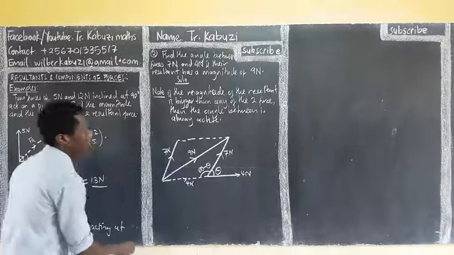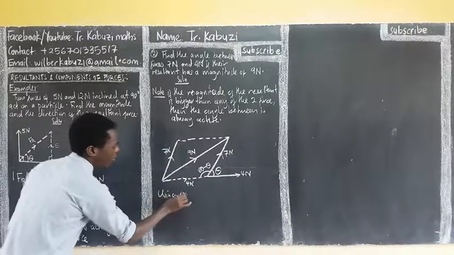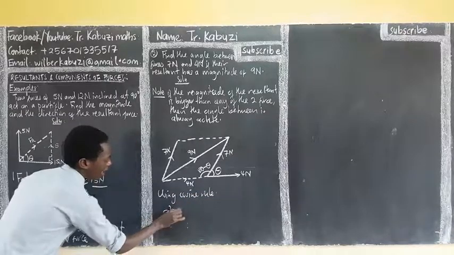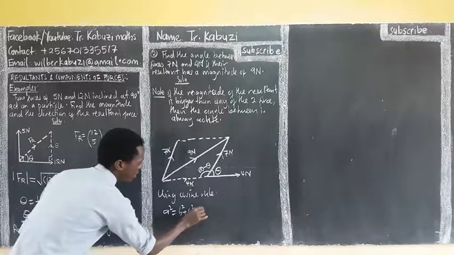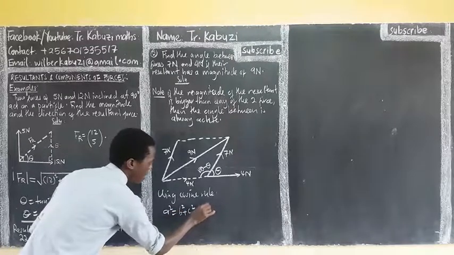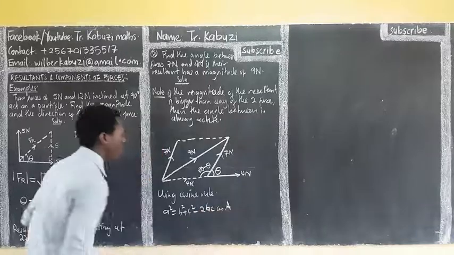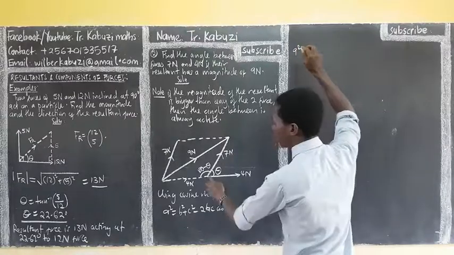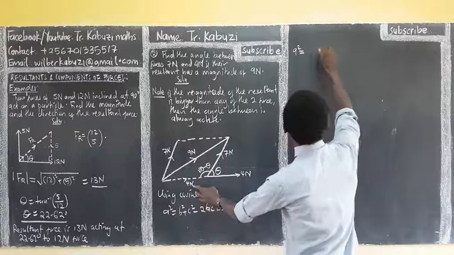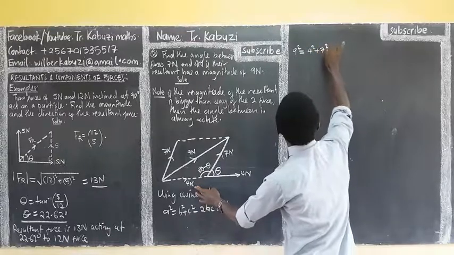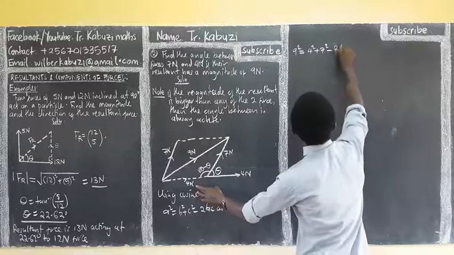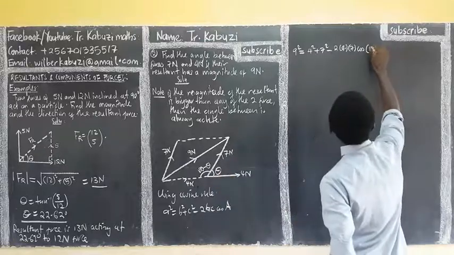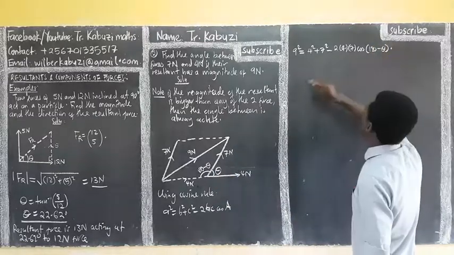After getting this, we can easily get that angle there. So using cosine rule, it says that a squared equals b squared plus c squared minus 2bc cos of this angle. We are going to take this as our a. So we have 9 squared, because we want the angle opposite this side, equals 4 squared plus 7 squared, minus 2 into 4 into 7, then cos of the angle, which is 180 minus theta.